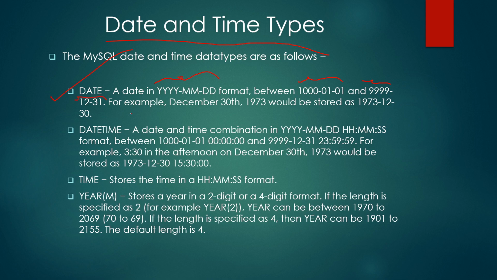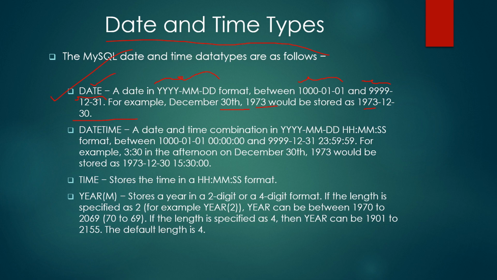Now, for example, December 30, 1973 would be stored as 1973, December means the month is 12 and date is 30. So, in this format, first the year, second month, and third date. So, you can make use of the type date if you want to store the date.